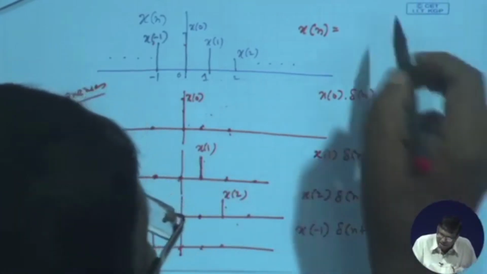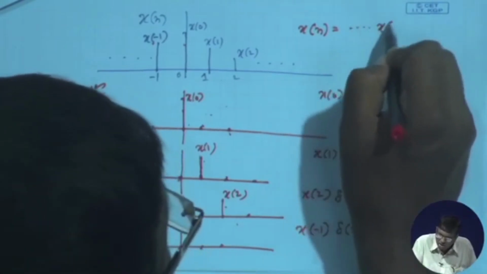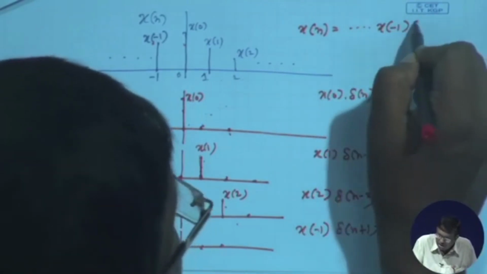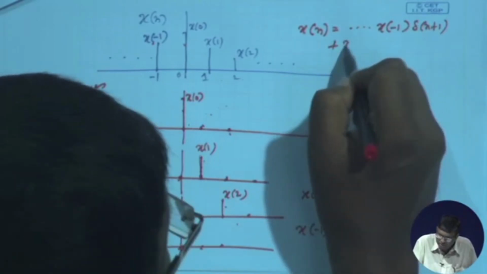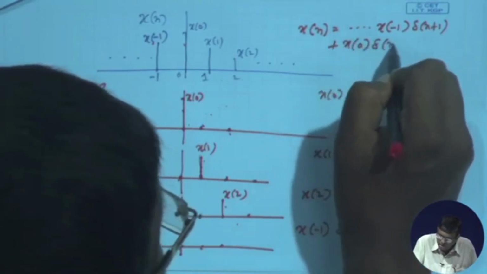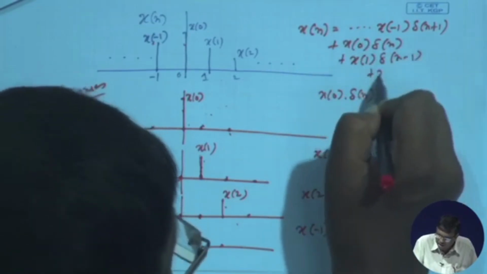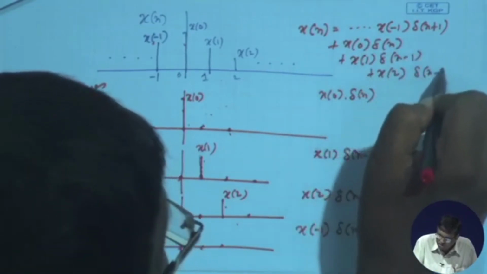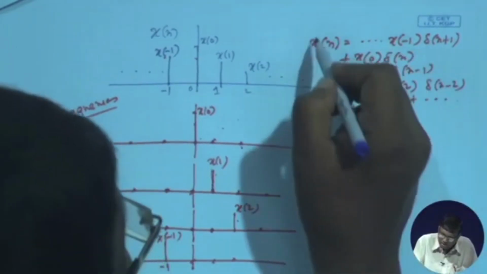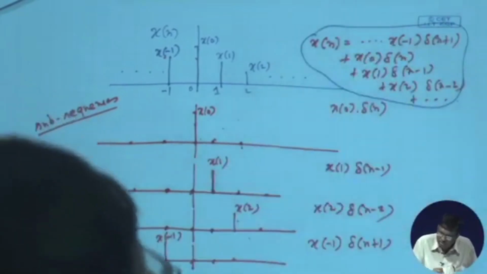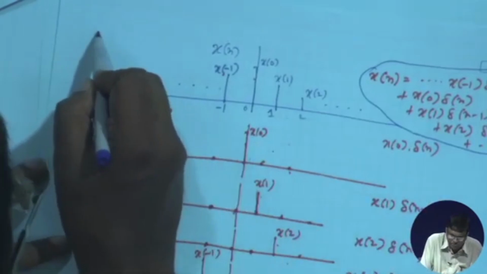So, you can write like this: x minus 1 delta n plus 1 from here, then x 0 delta n, then x 1 delta n minus 1, x 2 delta n minus 2 and so on. This entire thing you can write in a compact form like this.